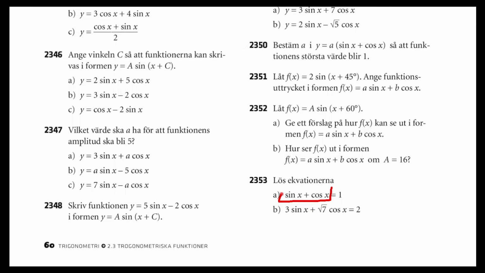Because when you see the left-hand side is a function of this form, in which a is 1, b is also 1. For example, the second one, which is more interesting, is of this type. This a is 3, this b is a square root of 7.